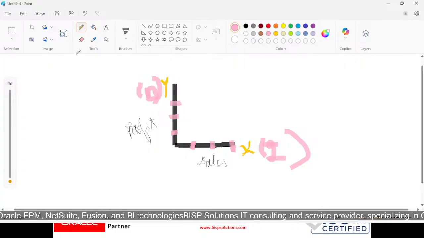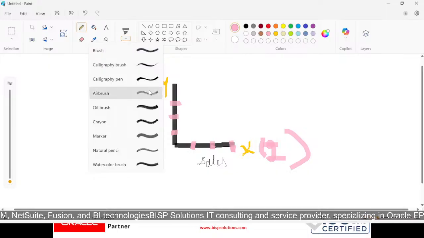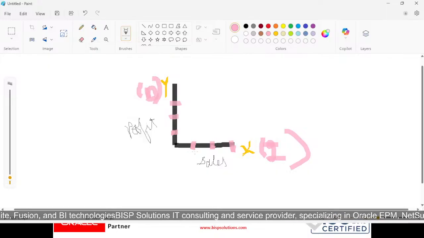So what is there to understand? That if sales is increasing, like suppose 10 is there, 20 is there and 30 is there, right?